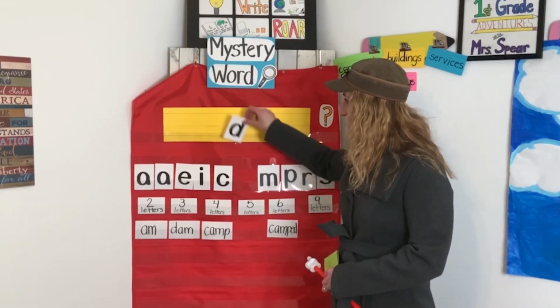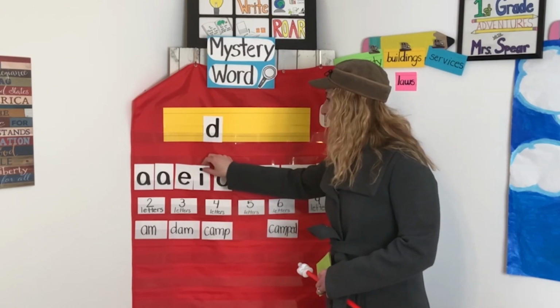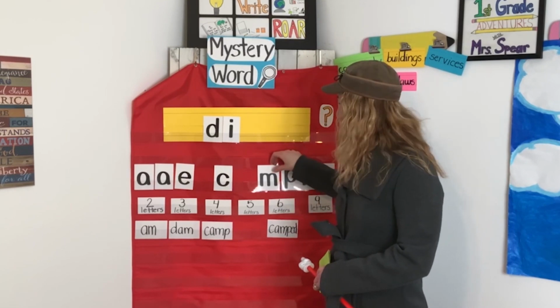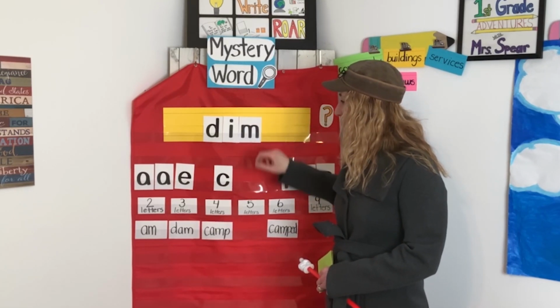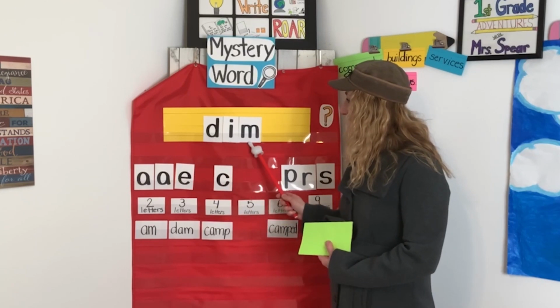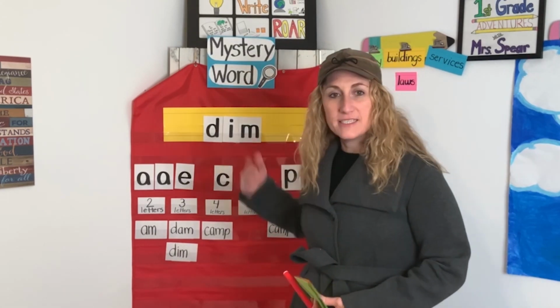We need a letter D, D, I. You've got it. D, I, M. Yes, letter M comes next. Let's do these letters. D-I-M spells dim. Now let's think about something else. This says dim.